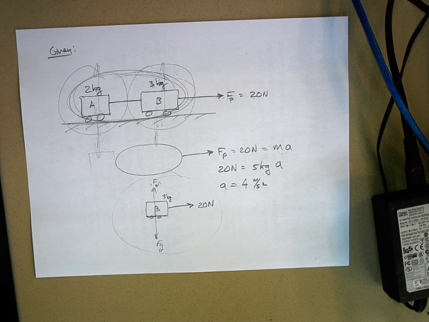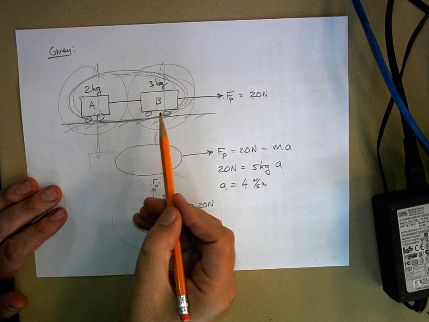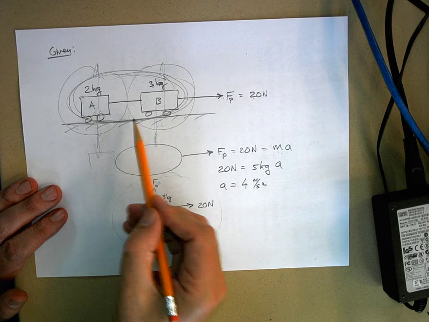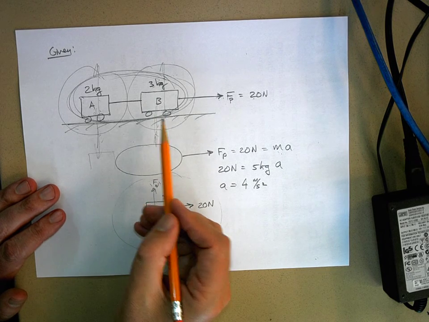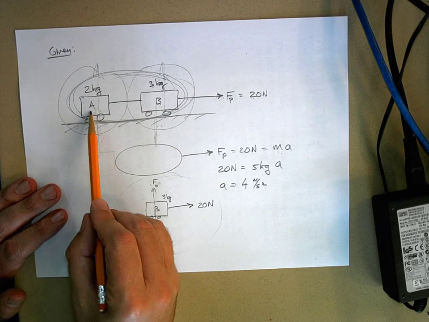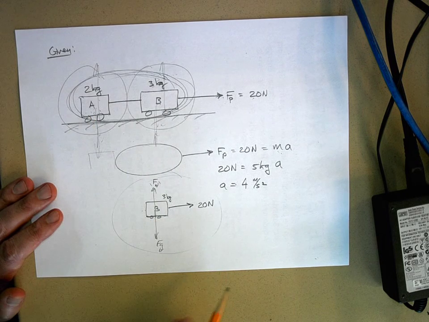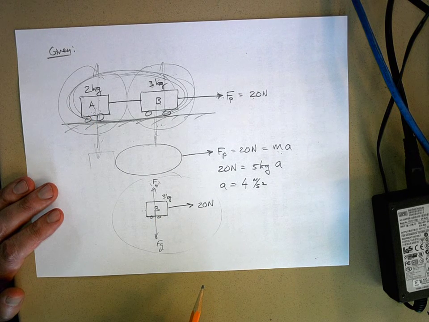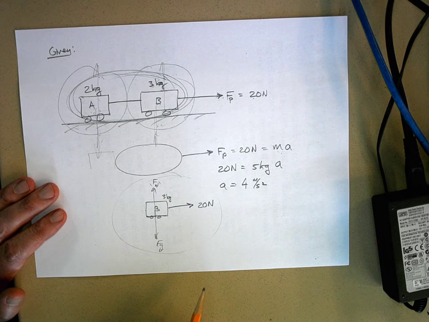Yes, exactly right. Is everybody paying attention? If A has to pull B along, I'm sorry, B has to pull A along, so A applies a force to B. I'm trying to look at you in the eyes to make sure you're following the argument.